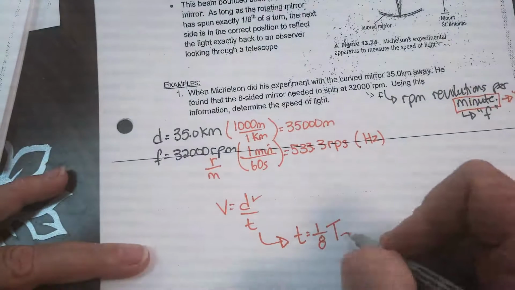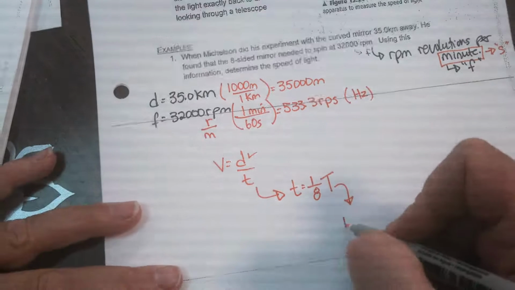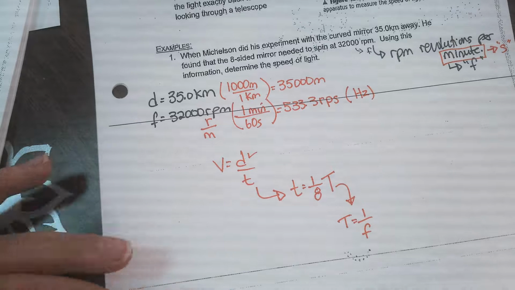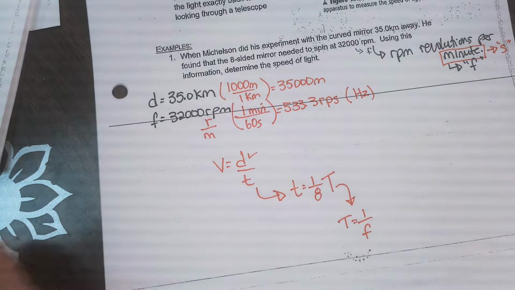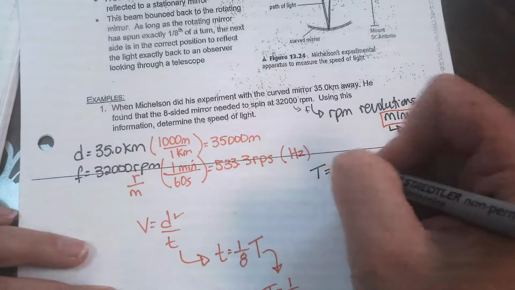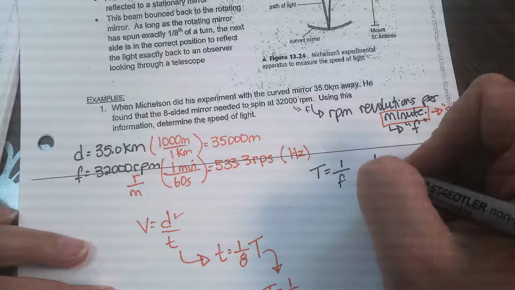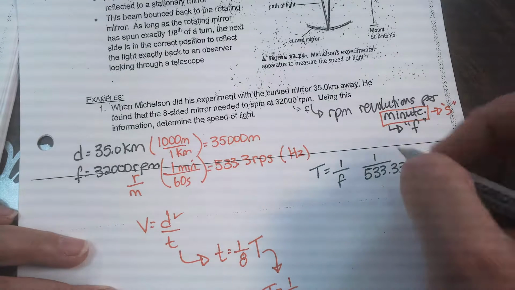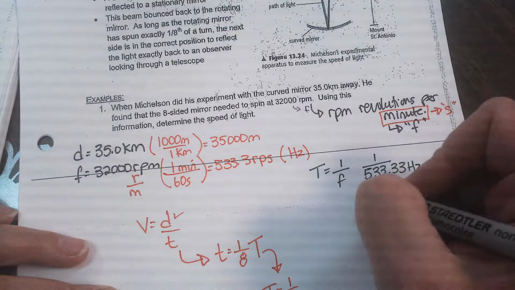How do I get the period from this? Period is equal to 1 over frequency. Okay? So if we start the calculations for that, period is equal to 1 over F, which is 1 over 533.33, because we need it in revolutions per second or in hertz.